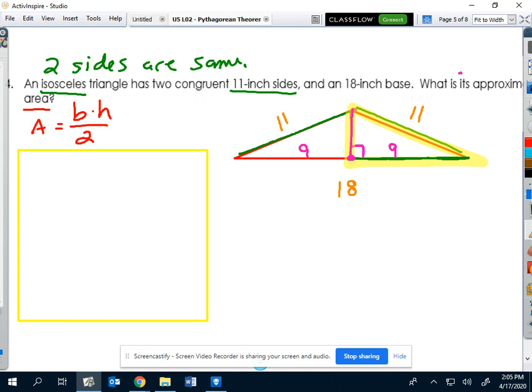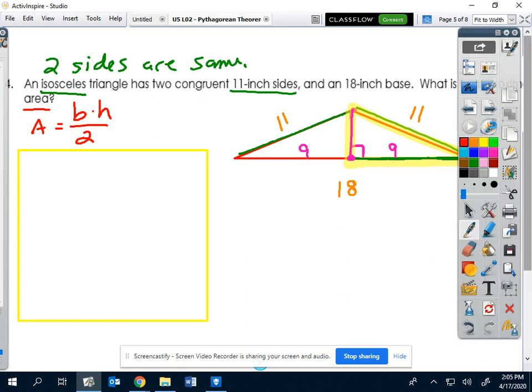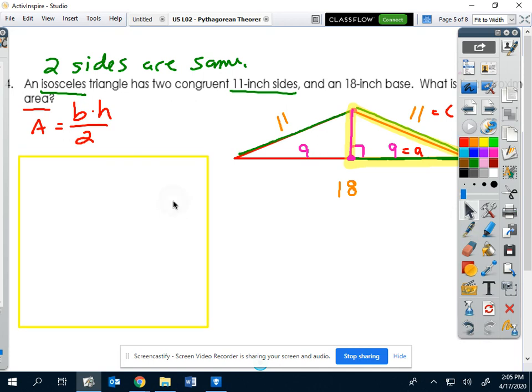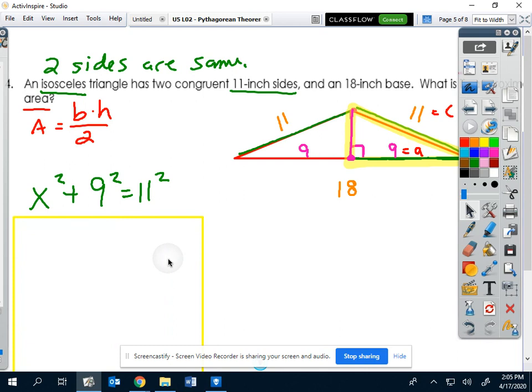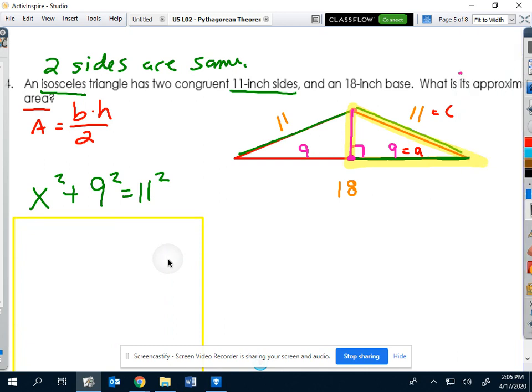So now we have our hypotenuse, our C value, is 11, and our A or B value is 9. So I went ahead and did the math over here to the side. If we set it up, we have x squared plus 9 squared equals 11 squared. Subtract the 9 squared over, so that's 121 minus 81, you get 40.